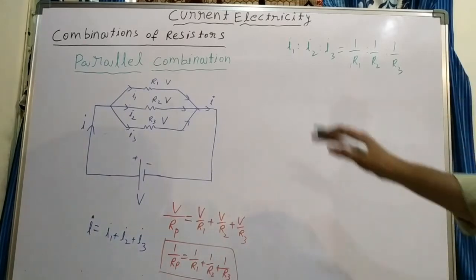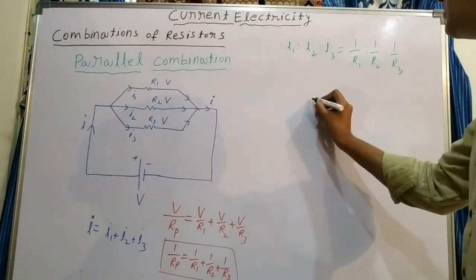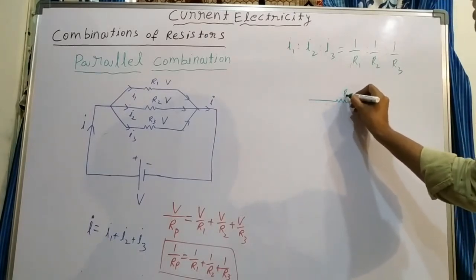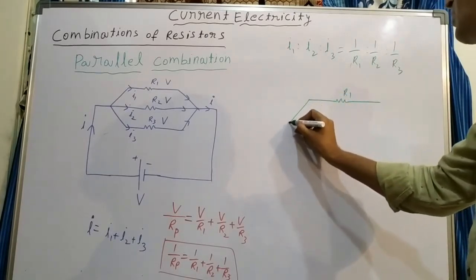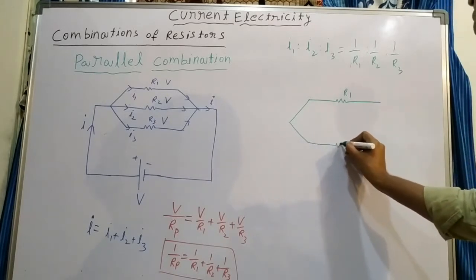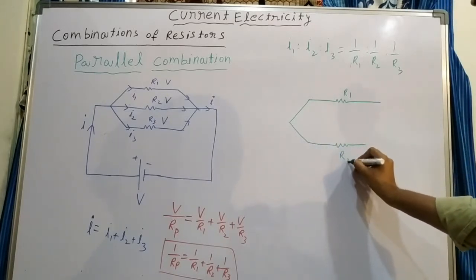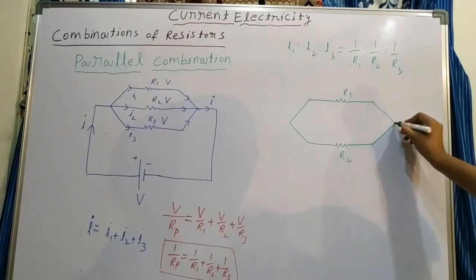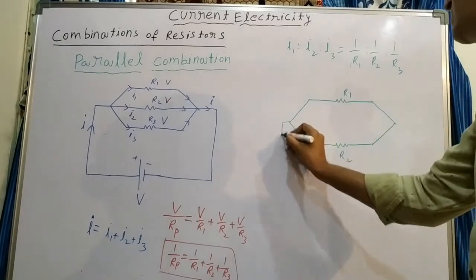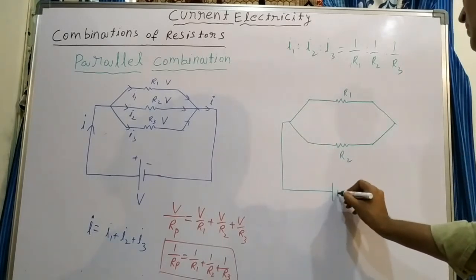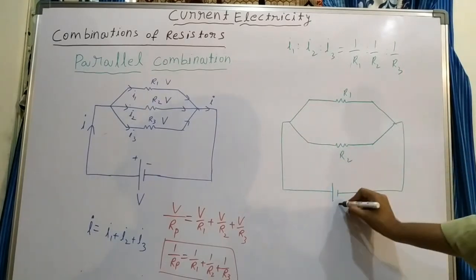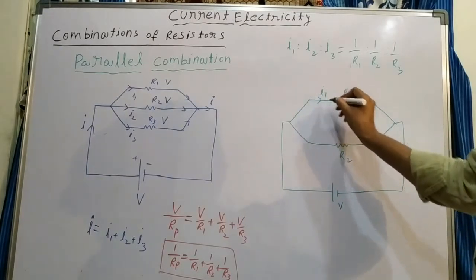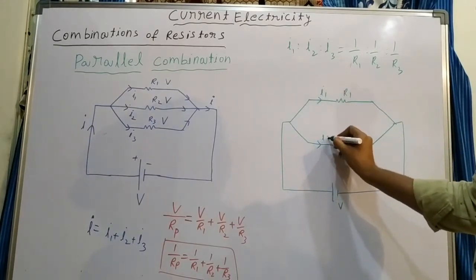If you take two resistors in parallel, only two resistors are there, R1 and another resistance R2, connected in parallel with a cell of some EMF. Here current flowing is I1, here current flowing is I2.